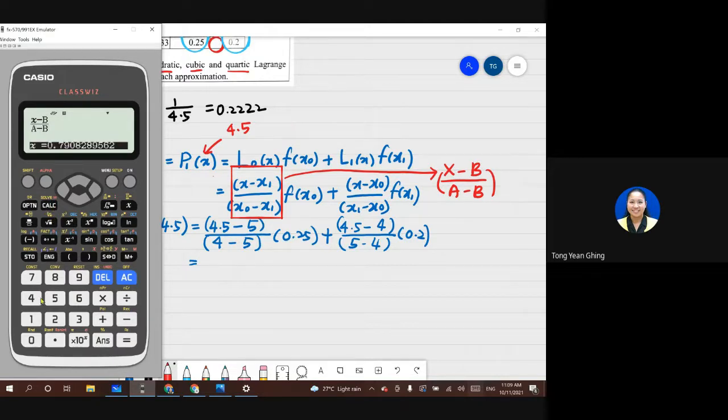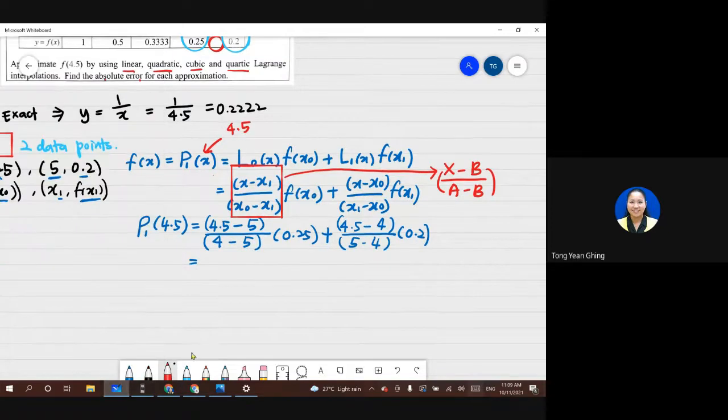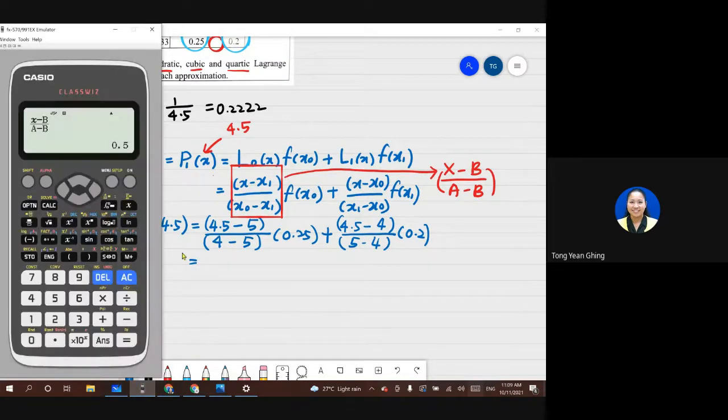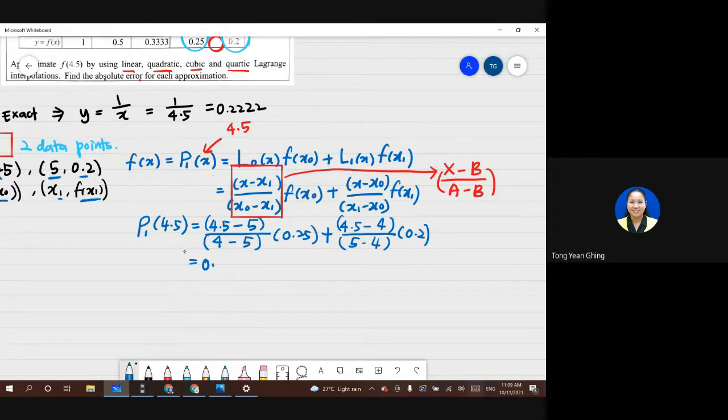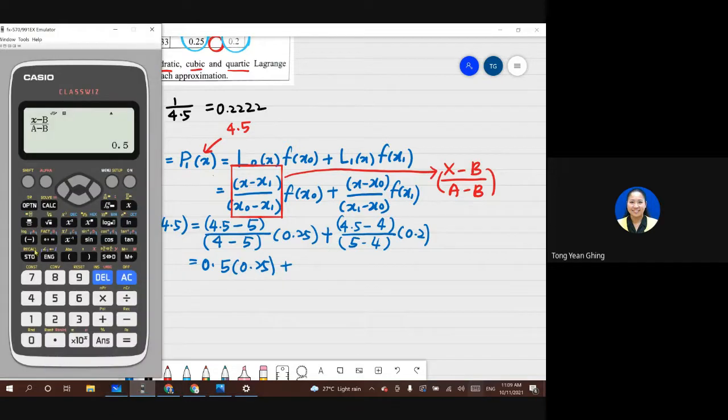So press calculate. What is x? x is 4.5, and then b is 5, a is 4. Okay, so you get 0.5. This one is 0.5 times 0.25 plus this one.